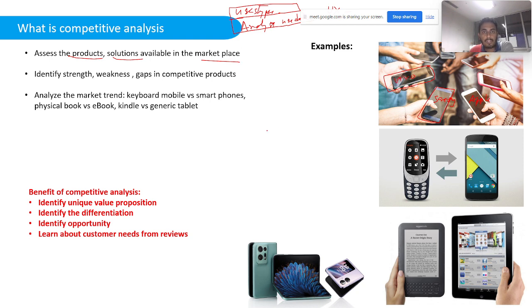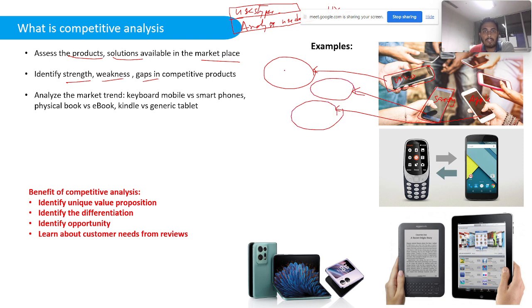What we try to do in competitive analysis is identify the strengths, weaknesses, and gaps in these competitive products. Based on their features, we compare different products and companies and see what they deliver to the customers.